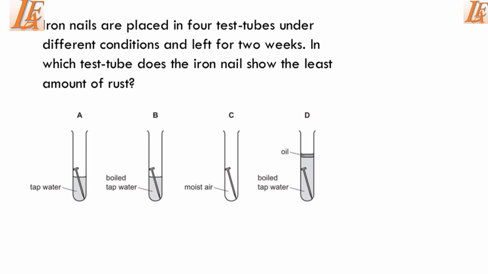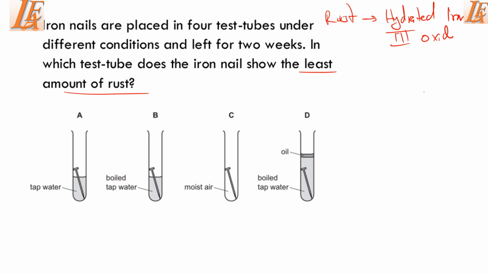Question 19. Iron nails are placed in 4 test tubes under different conditions and left for 2 weeks. In which test tube do the iron nails show the least amount of rust? Remember, the chemical name of rust is hydrated iron(III) oxide.